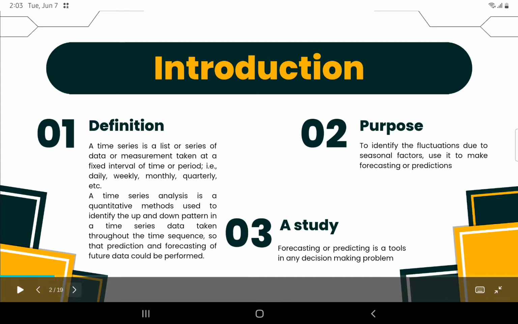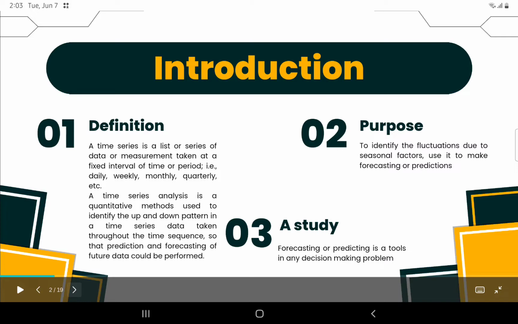Firstly, what is time series? A time series is a set of data observed over a period of time, or at equal intervals. The interval that we take can be hourly, daily, weekly, monthly, or yearly.